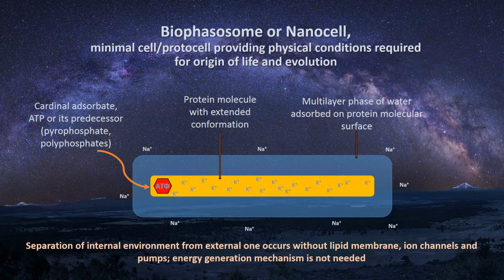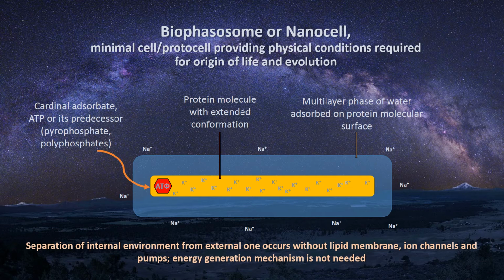Influx of sodium ions reaches the protein and displaces potassium from its binding sites. Adsorption of a new molecule of cardinal adsorbate restores the nanocell resting structure completely. In this cycle of binding and dissociation of the cardinal adsorbate, energy consumption for making biological work occurs.